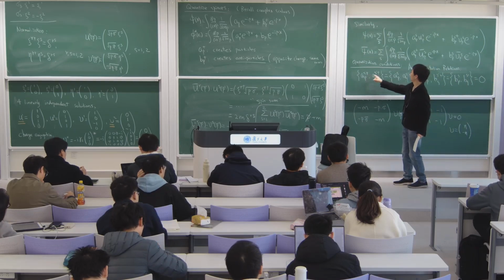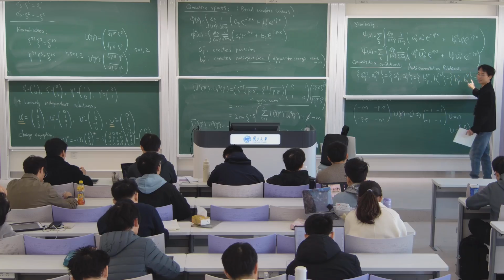The reason is these are all with dagger or all without dagger, so it should be equal to 0.